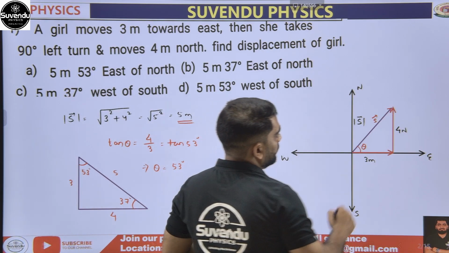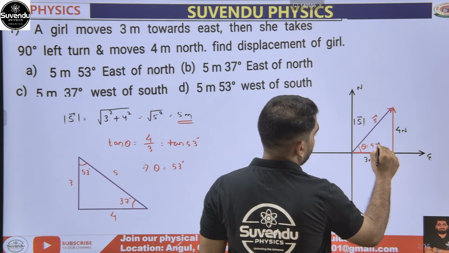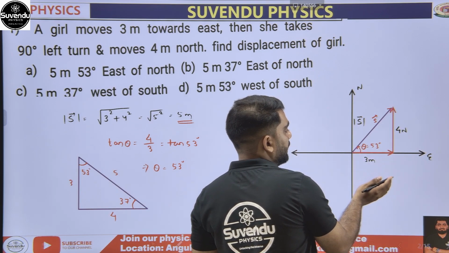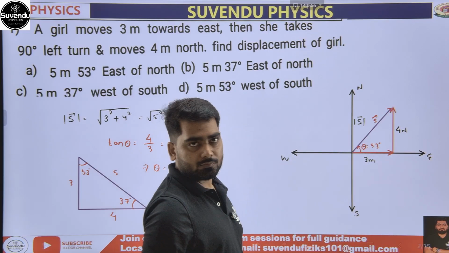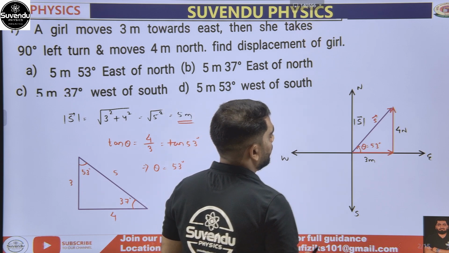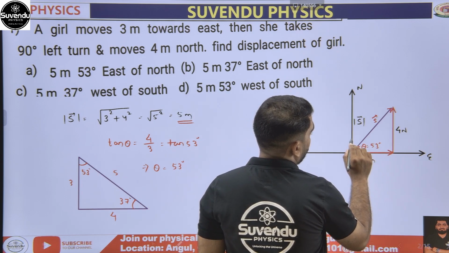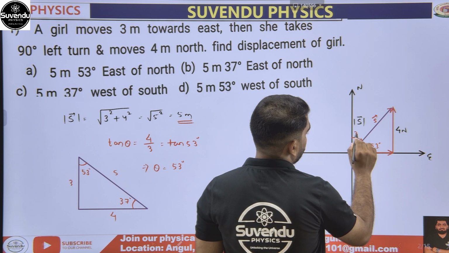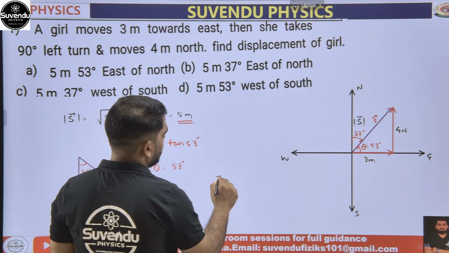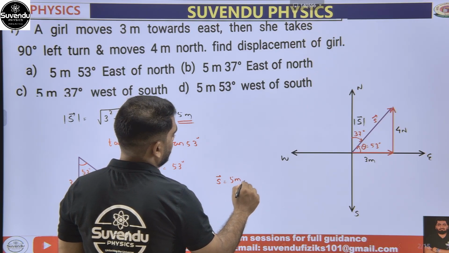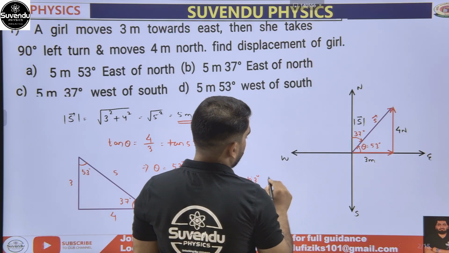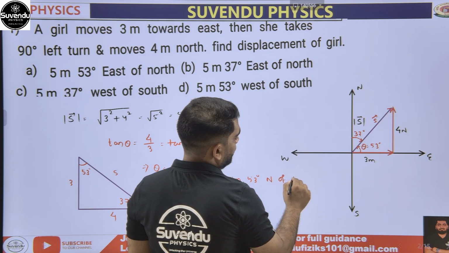So in the figure, this is our 53 degree. It will be on the east, the x-axis. It is 53 degrees anticlockwise, from east towards north, where it meets the resultant, that means the S vector. And if this is 53, then this will be 37 degree. So what will be the direction of our displacement? Displacement S vector, we can write as 5 meter 53 degree towards north from east.